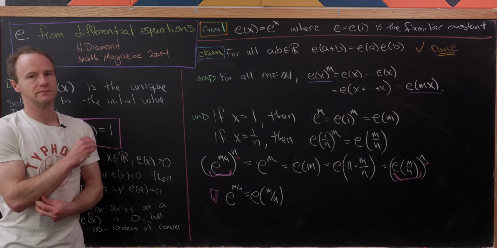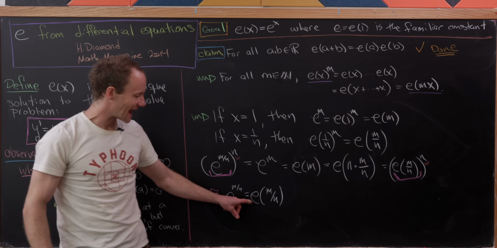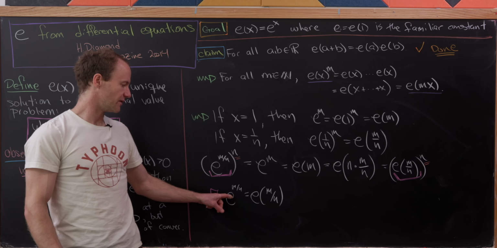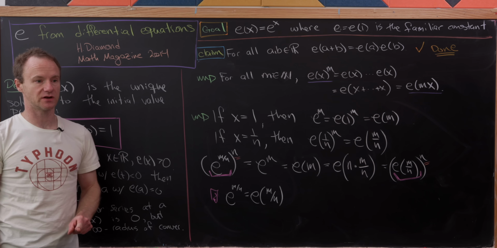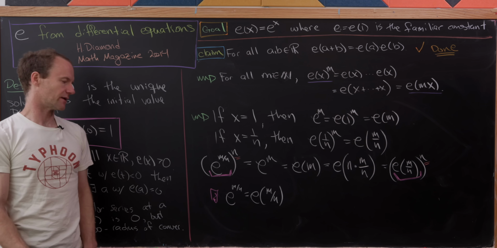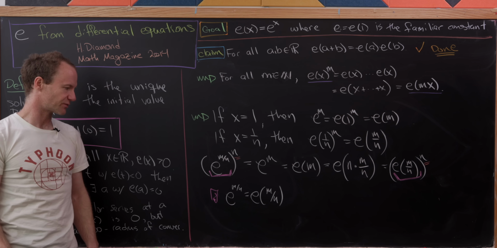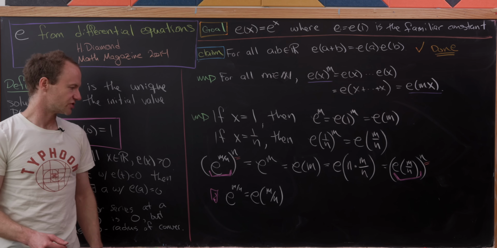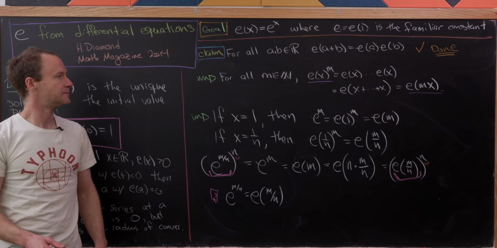But what does this mean? Well, this means that our function is equal to this exponential function for all rational numbers, because all rational numbers can be expressed as m over n, for appropriate integers m and n.